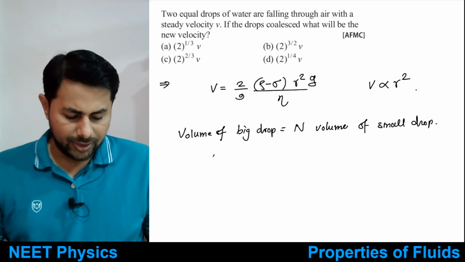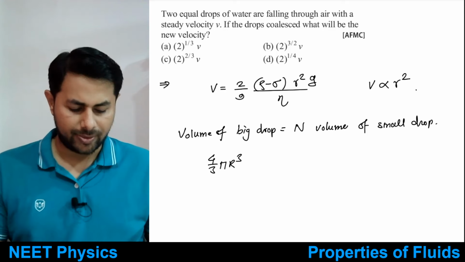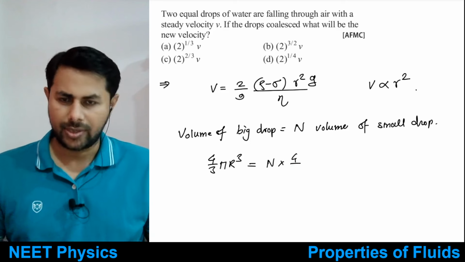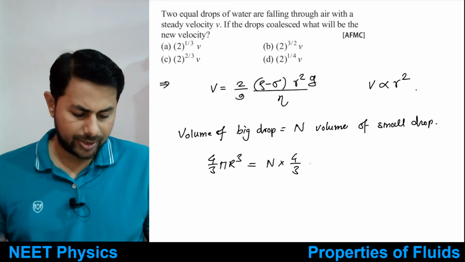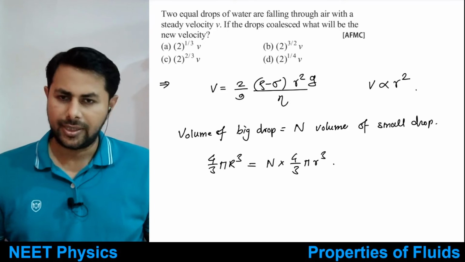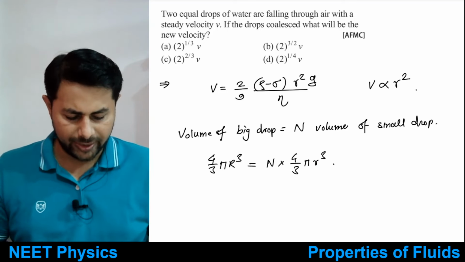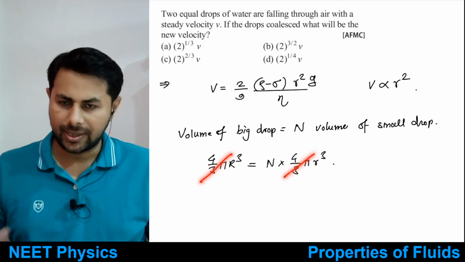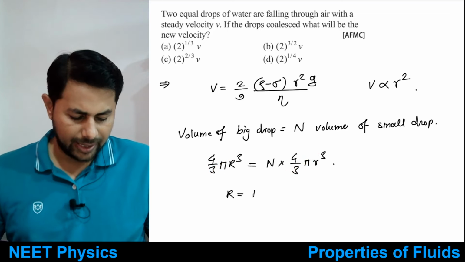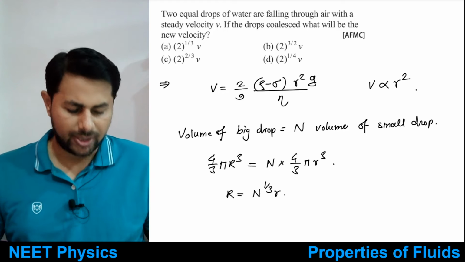So 4 by 3 pi R cube is the volume of the big drop, and it's equal to n times the volume of a small drop. The volume of one small drop is 4 by 3 pi multiplied by small r cube. Take the cube root on both sides, so what do you get? 4 by 3 pi gets cancelled, then you get capital R is equal to n raised to 1 by 3 times small r.